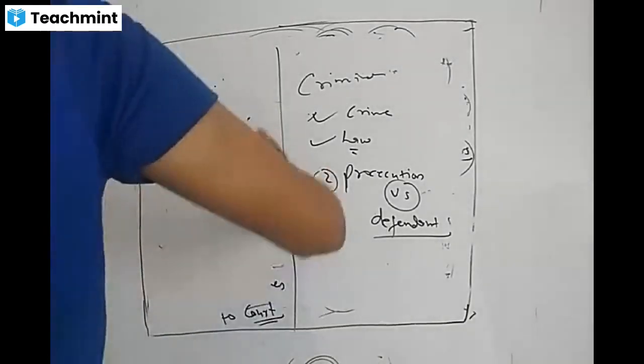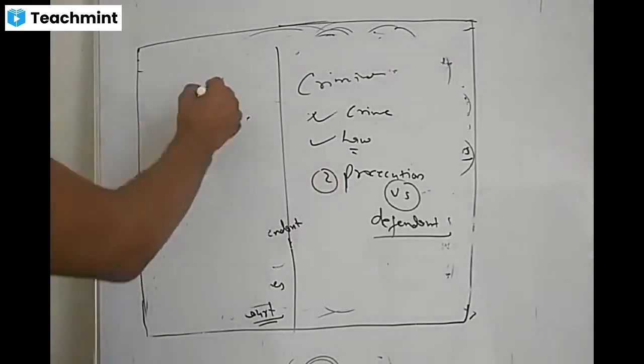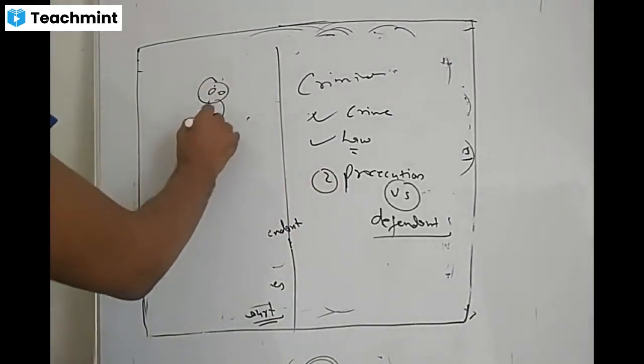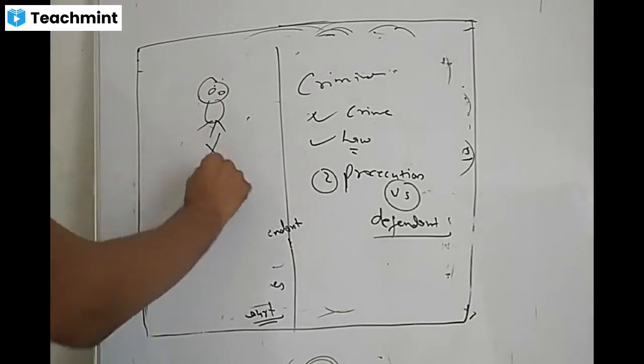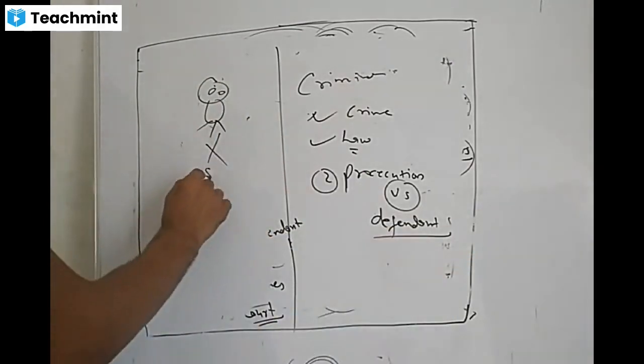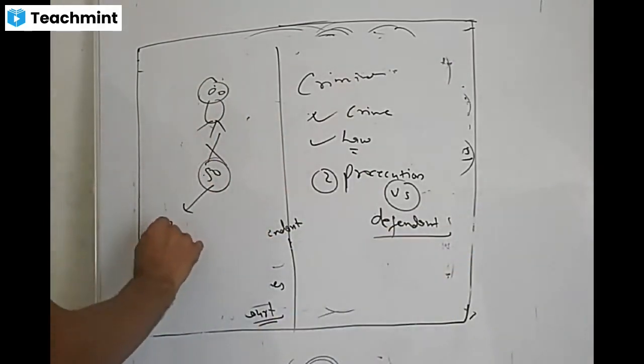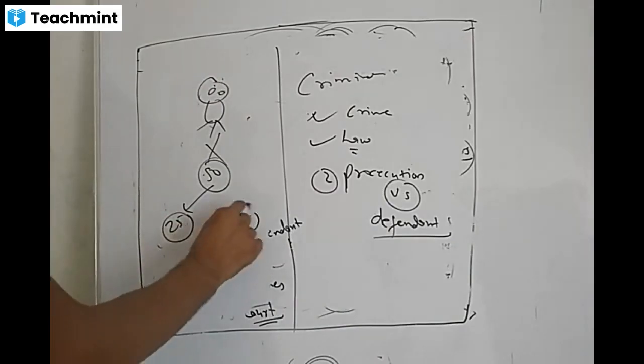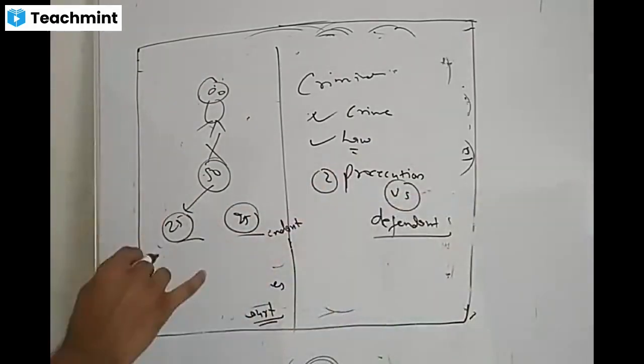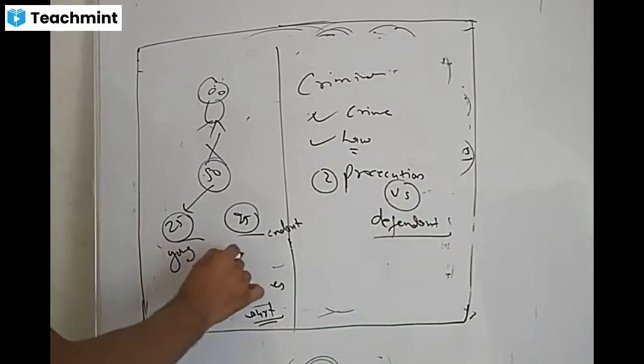For example, suppose there is one father. If he dies, then the property is 50 and that will be divided between both sons, 25 and 25, the younger brother and the elder one.